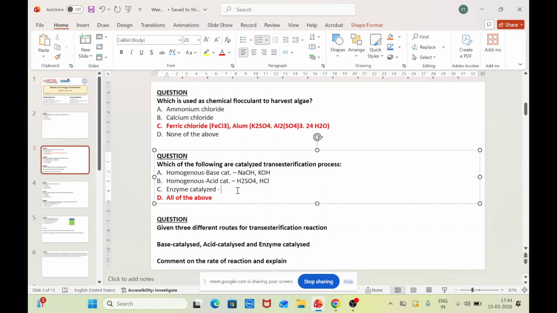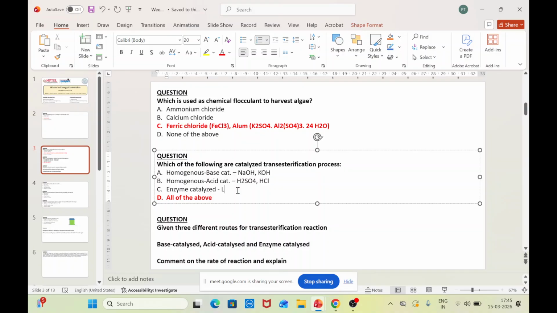I'll just mention it here, but have a look at the examples as well when you read about the transesterification process and the different types of catalyzed transesterification process as base, acid and enzyme. Kindly have a look at a few of the catalysts which are used in each of the processes.